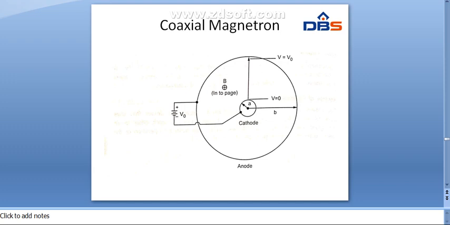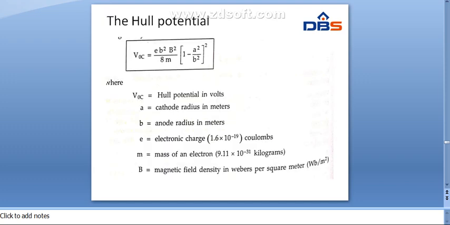So assuming a constant magnetic field, there is a critical voltage called the Hull potential. The Hull potential is e B squared by 8m, into 1 minus A squared by B squared, whole squared.